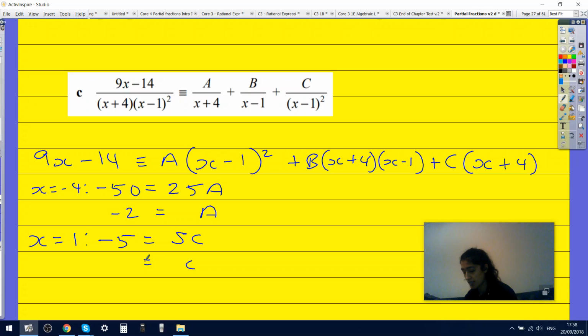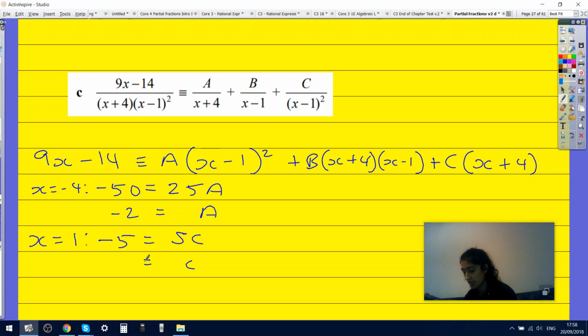Nope, b was 2. So a was minus 2, c is minus 1. Yeah, I was going to say it's a bit large, hang on. 9x minus 14. So if we subbed it in there. Plus b minus 1. So if we're making x equals 0, so minus 14, and then 0 minus 1 is minus 1 squared. We already know what a is. So sub it in. So minus 2. Then 0 minus 1 is minus 1. Minus 1 squared is just 1. So a.